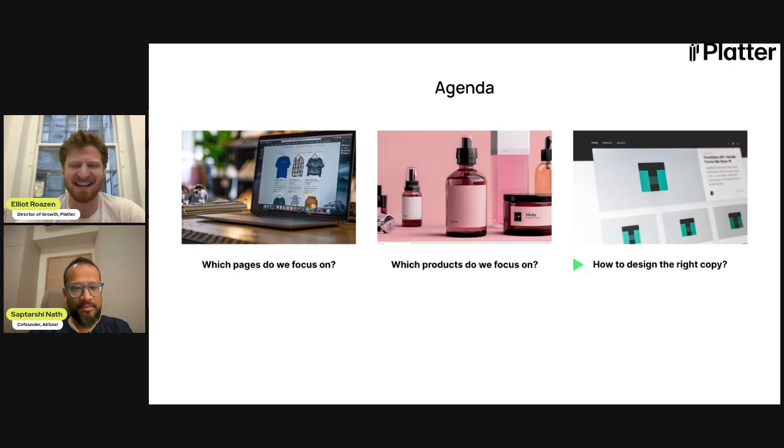That's a side tangent. What I'm saying is the amount of effort it's going to take you to work with AI to get the copy that you really need is 10 times longer than just sitting down and writing the copy yourself. Exactly. And a lot of the times, no matter how much data you want to feed into the AI, it truly never replaces your marketing person's knowledge, right?